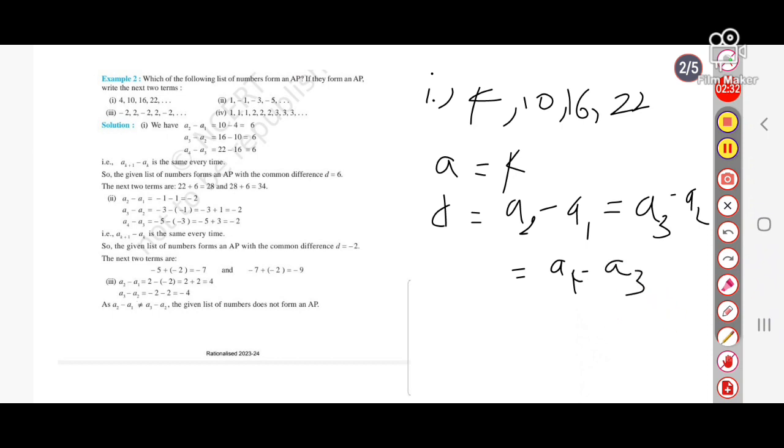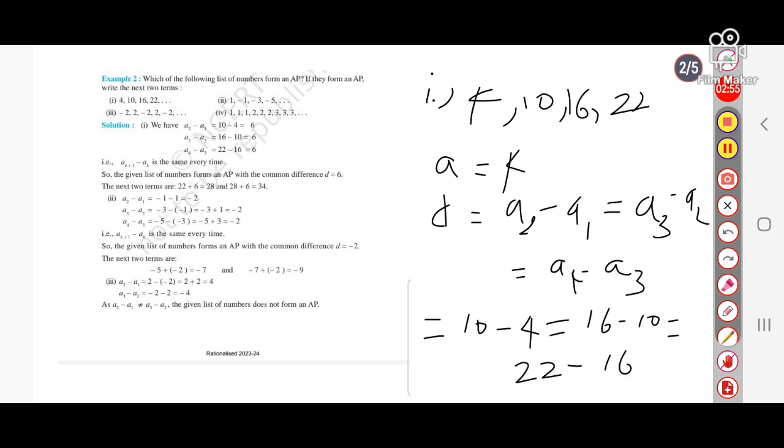A2 is 10, so 10 minus 4 is 6. That should be equal to 16 minus 10, again 6, and 22 minus 16, which is also 6. So the given sequence 4, 10, 16, 22 forms an AP.